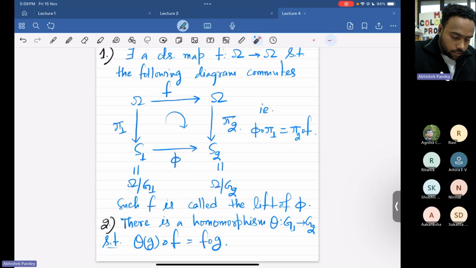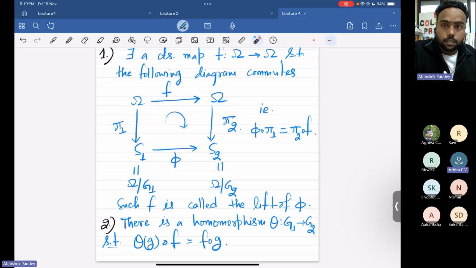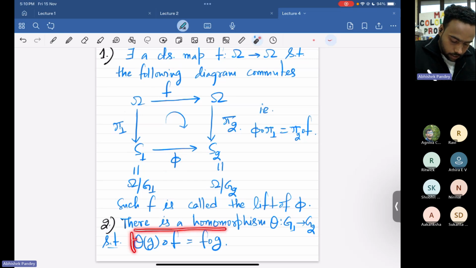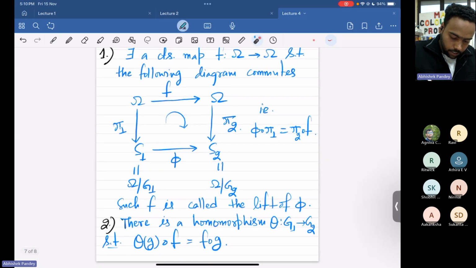This can always be lifted to a continuous map between the universal covering spaces, Omega and Omega. Further, if this phi is a homeomorphism, then this F is also a homeomorphism. And once this F is a homeomorphism, this expression reduces to this one. Obviously, you can just take the F inverse here.